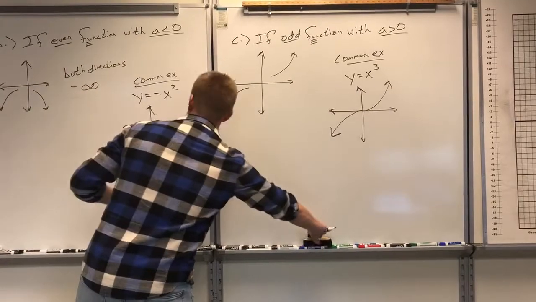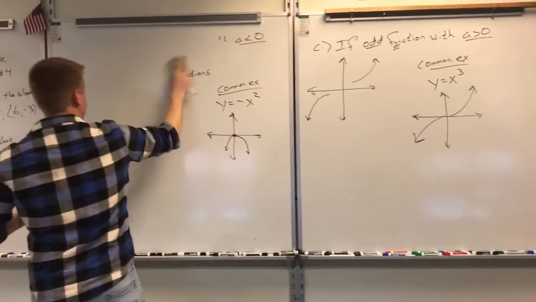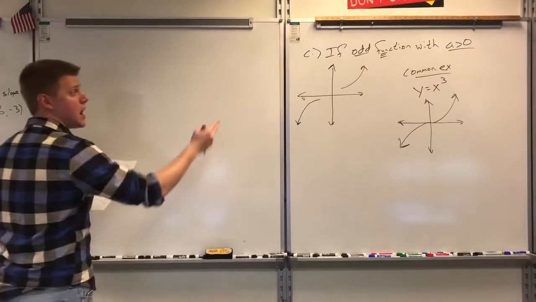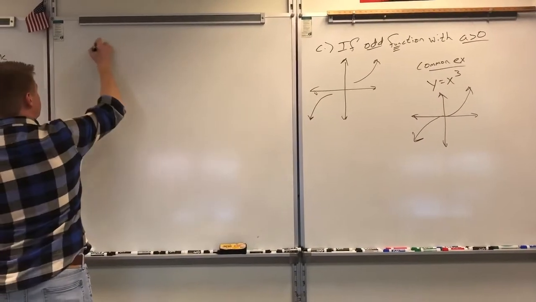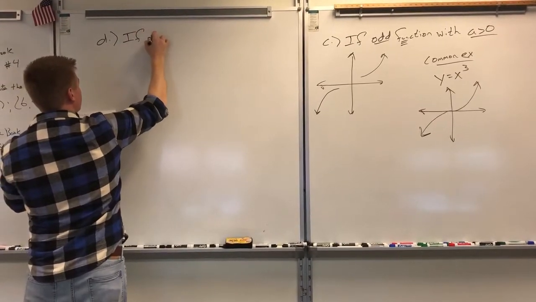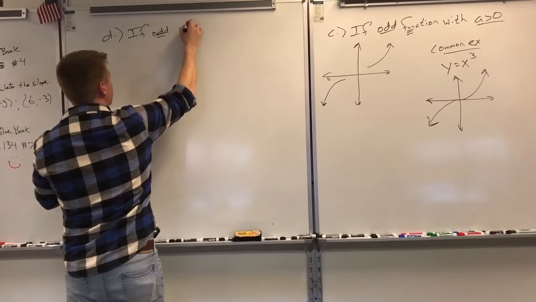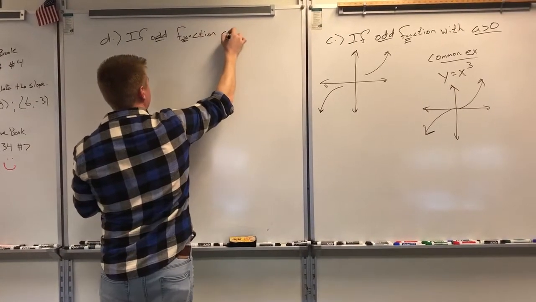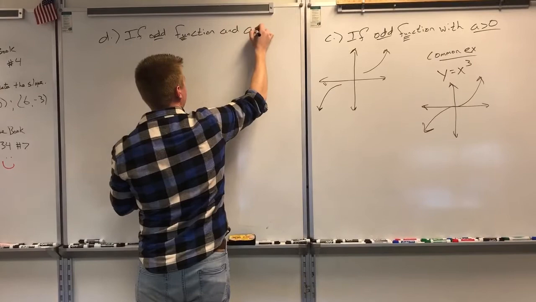The last type, or the last case, is what will happen if we exchange a greater than 0 with a less than 0. Okay? So if odd and a negative.